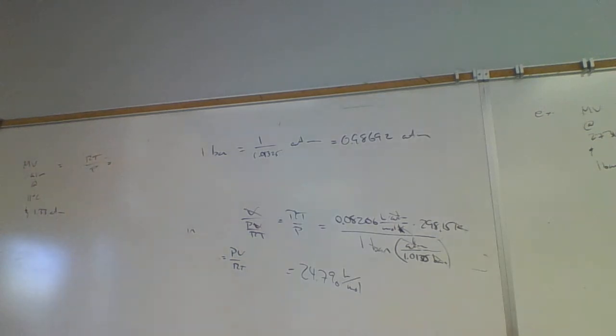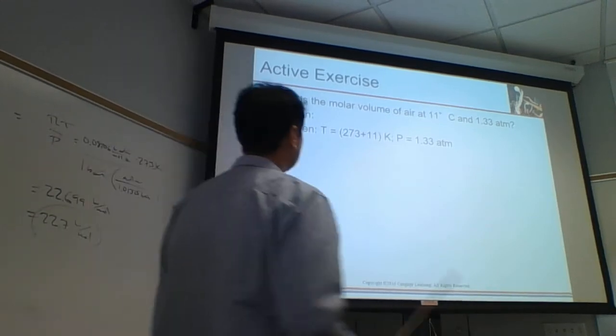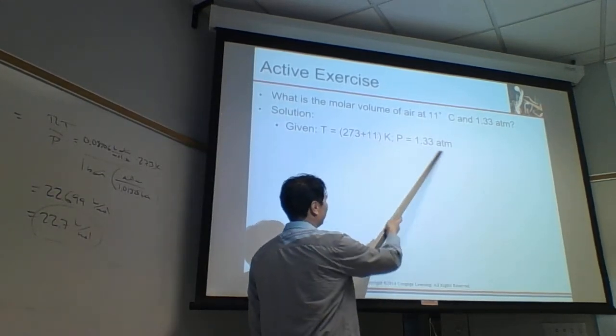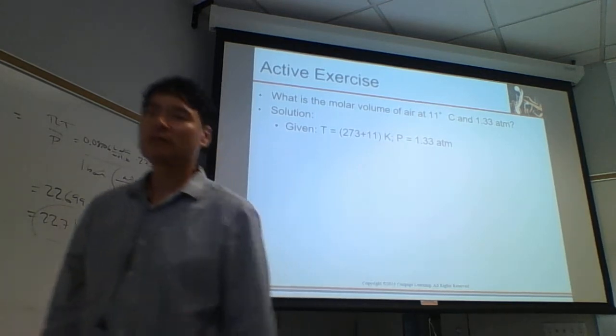So, actually, this one, we'll just look at the slide here. One, the temperature cannot be left in C. We have to convert it to Kelvin. This is the first step. They convert it to Kelvin. Pressure in atmospheres is fine. In fact, that's what we want.